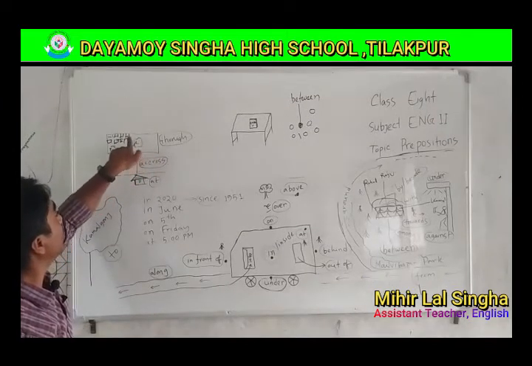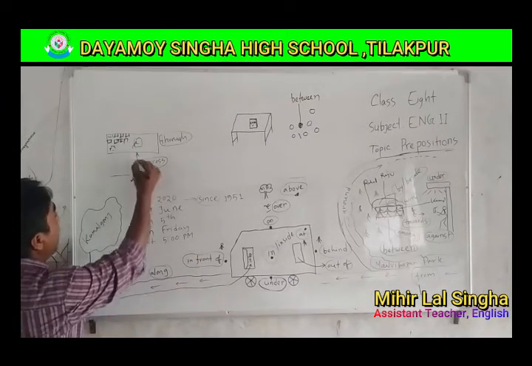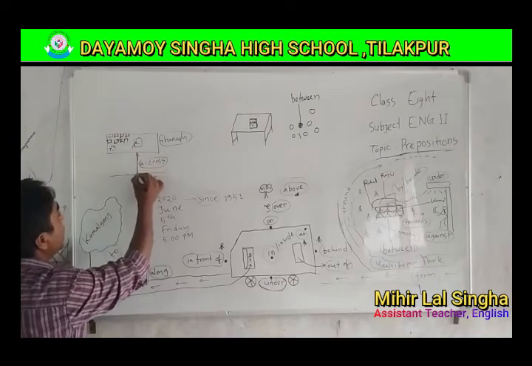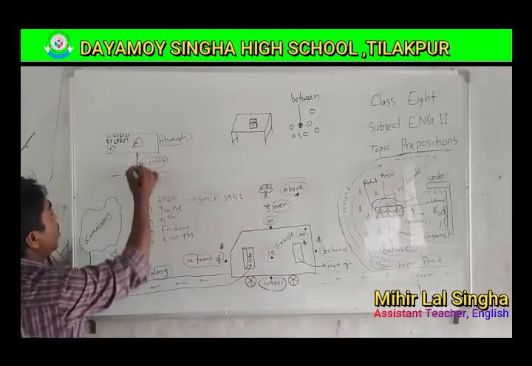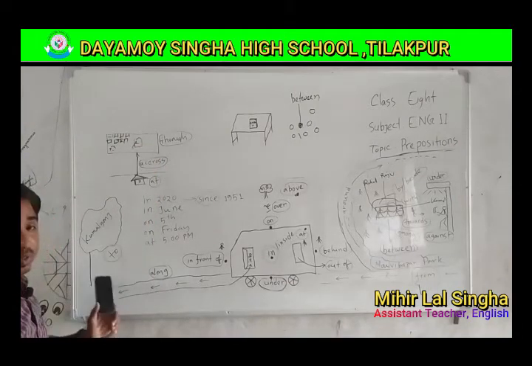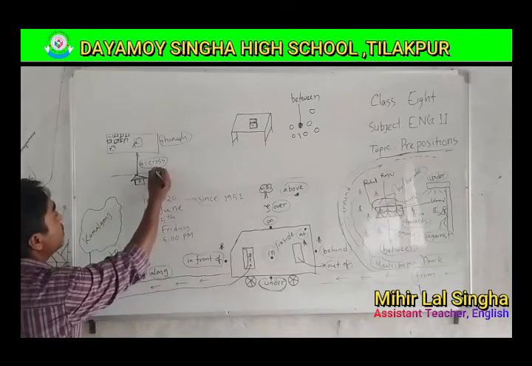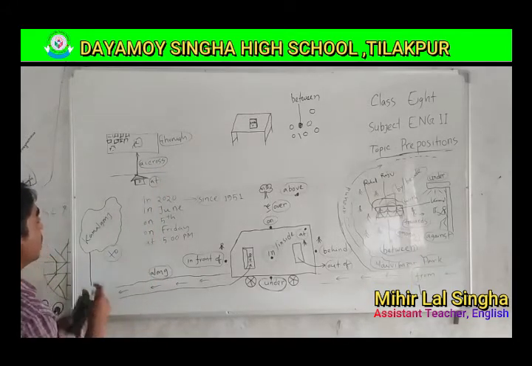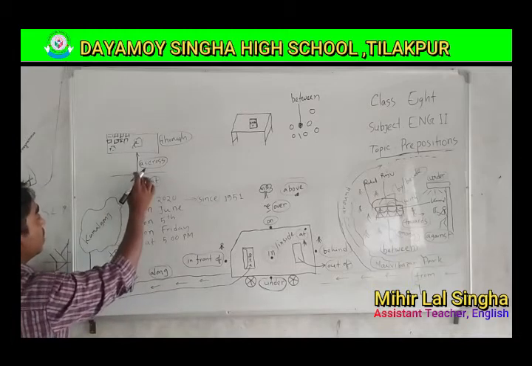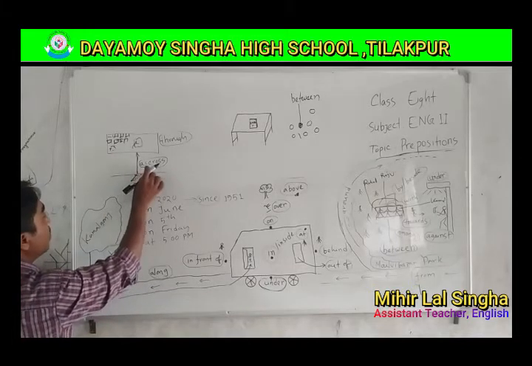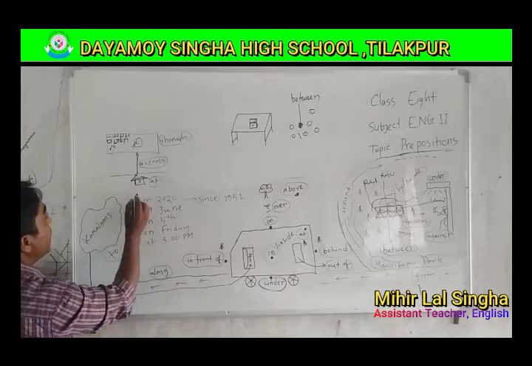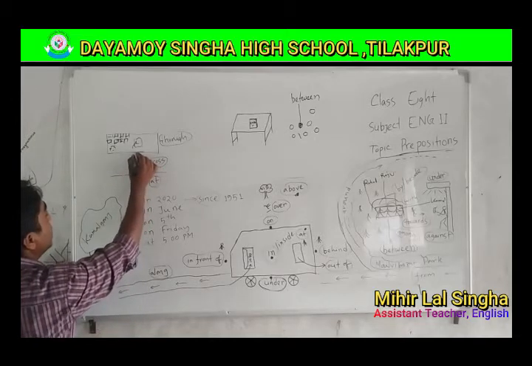If someone crosses the road, then we have to use the preposition across. Across means we have to cross some certain place, and we have a target to go.